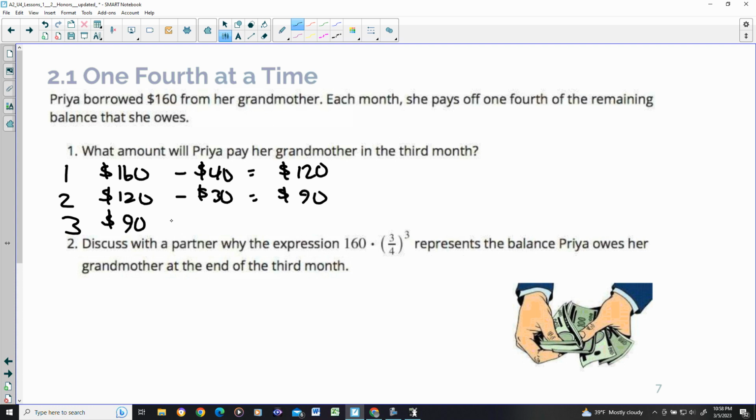And 1/4 of that is 22.50. So she's going to pay 22.50. Now, I guess suppose she would just pay regular dollars at this point. But we're going to go by exactly as it says. If she pays 1/4, she pays 1/4. And so how much is going to be left? 67.50 it looks like.